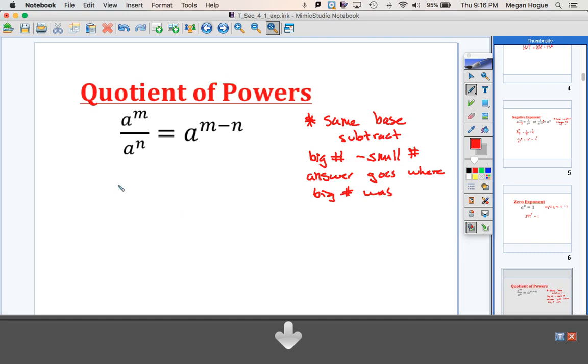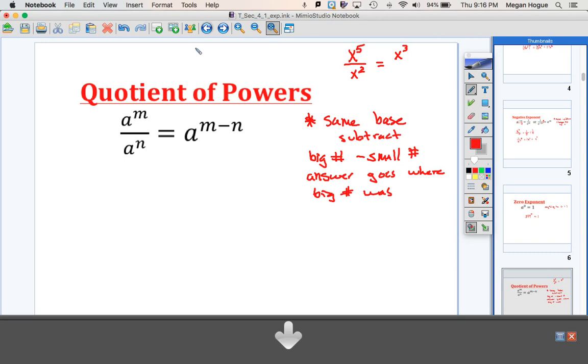So when I look at my examples, let me first do off to the side here a little example without that, just subtracting. So let's say we have x to the fifth over x squared. Well, I subtract 5 minus 2, that's 3. Well, 5's on the top, so x to the third goes on the top. Nothing's on the bottom. I've been combining those x's. Well, let's say it's on the bottom.